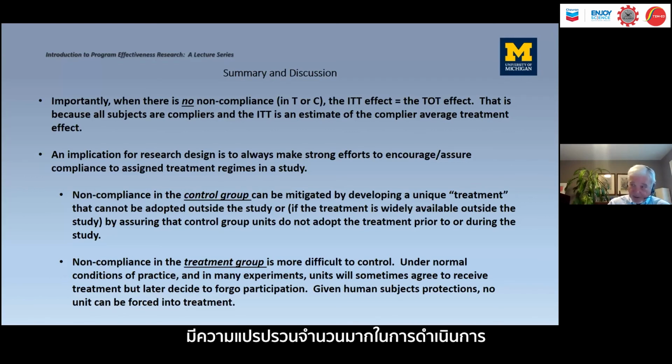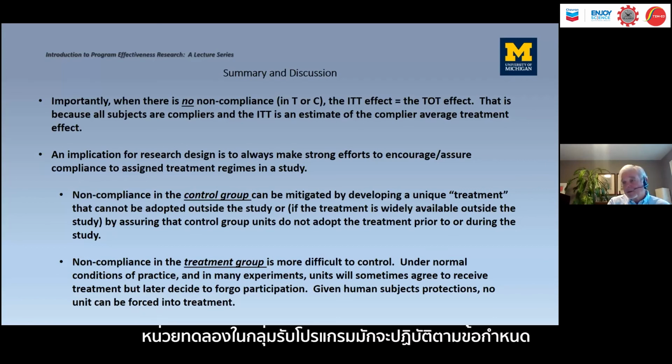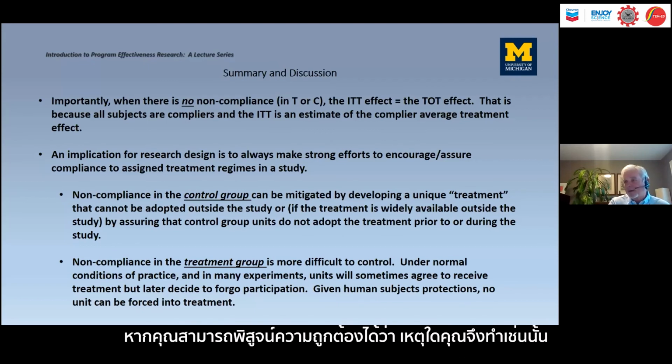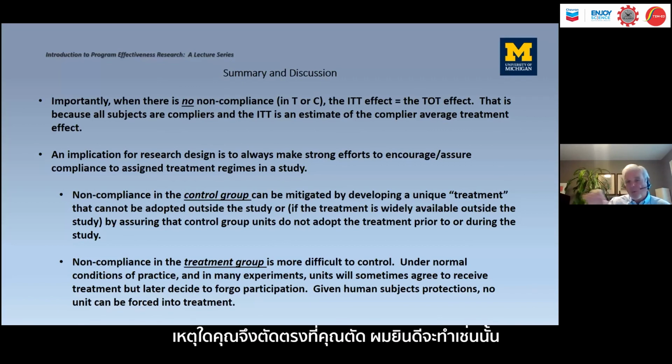There's a lot of variability in implementation, but in my experience, the units in the treatment group usually either fully comply or just say, hey, we're not interested. But if there's some variability in this, you could set up a cutoff score. I wouldn't have a problem with that if you could justify why you made the break where you did. I'd be happy to do that.